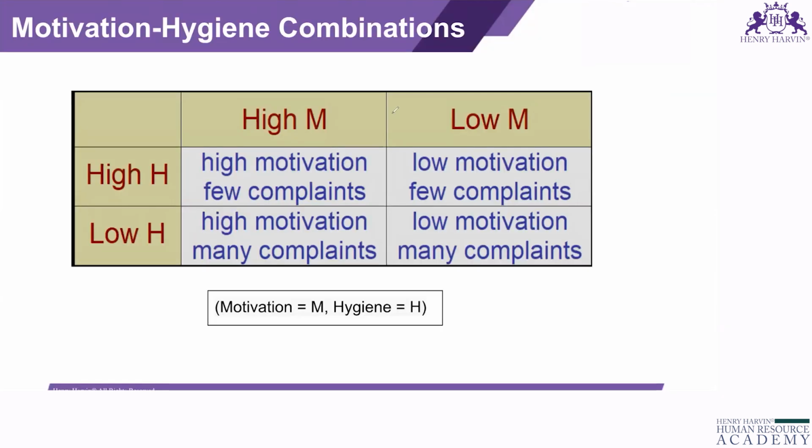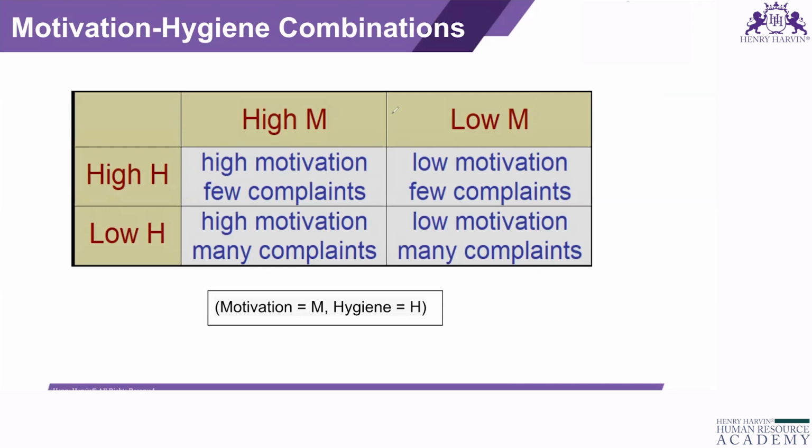And I guess now you'll understand this one. The motivation and the hygiene, right? So as per the combination, if the hygiene factor is high and the motivation factor is high, in that case, high motivation of the individual will be there and few complaints.